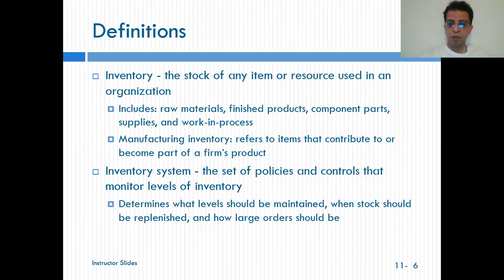An inventory system is the set of policies and controls that monitor the levels of inventory. It determines what level should be maintained, when stock should be replenished, and how large the order should be.